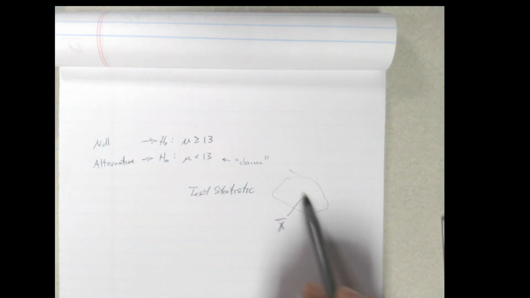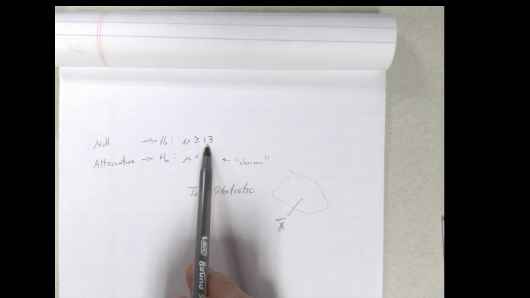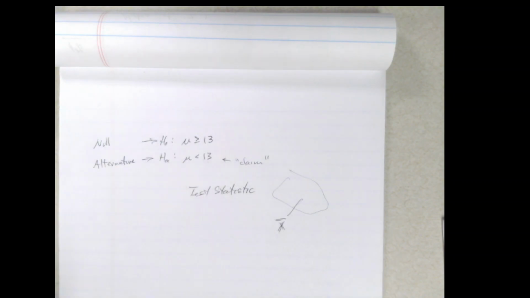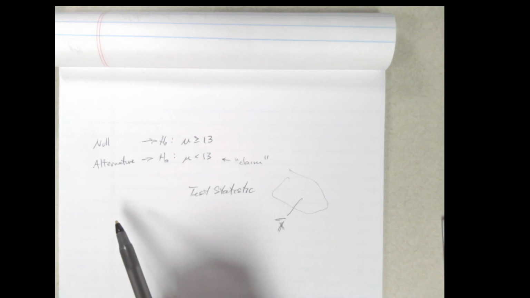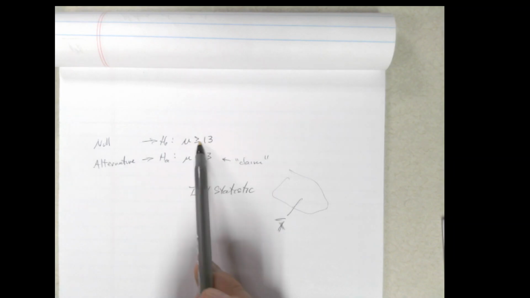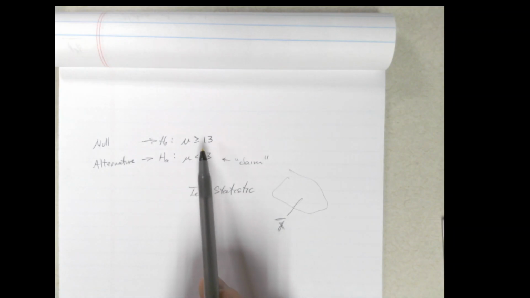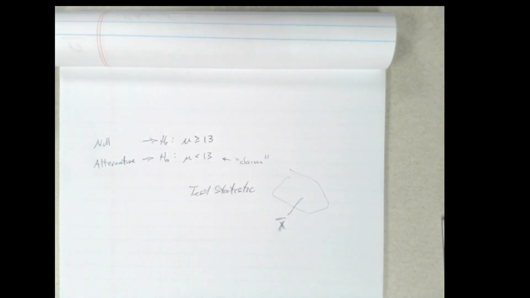I'm going to calculate a statistic from my sample, and I'm going to look at that number and compare it to the 13, compare it to what I'm trying to say. And if this number is far from the 13, then I'm going to reject the null because it has the equality in it, and this is what I'm assuming is true. If this is true and I get a really far out number here, that means that this is likely not true in favor of that. And that's how the test works.